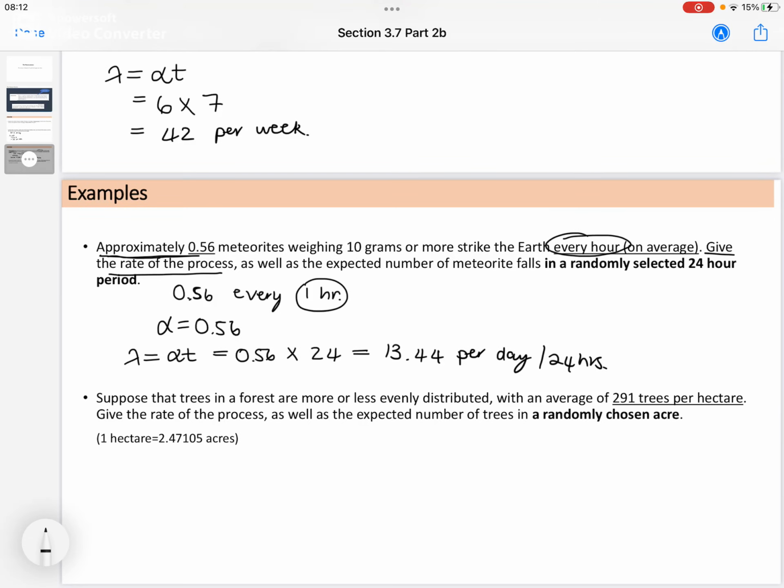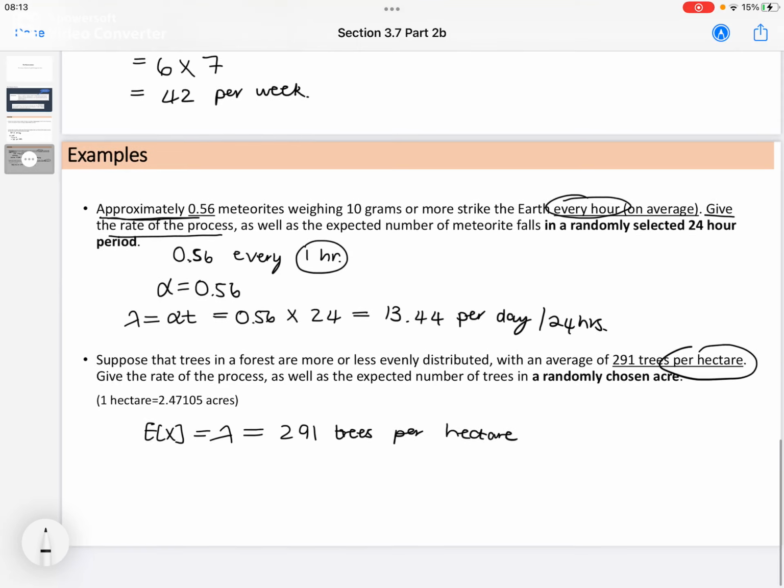Then the last example, suppose that trees in a forest are more or less evenly distributed with an average of 291 trees per hectare. Give the rate of the process. Okay, so in this case, we're starting off with an average. They tell us on average, which is lambda, the expected value of x, which is equal to lambda. We have 291 trees per hectare.